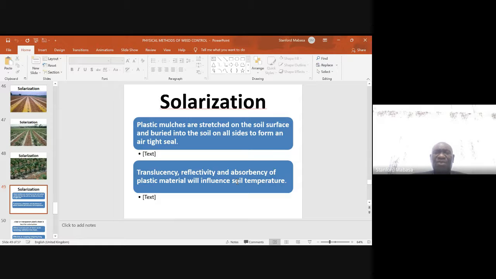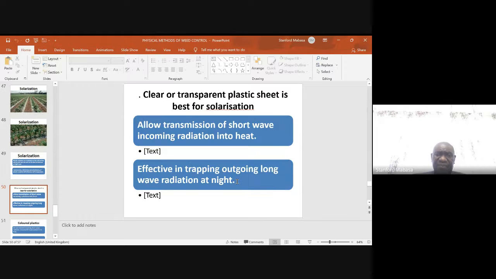The mulches will create heat, and this heat will kill the weeds by raising the temperatures. So the incoming radiation is trapped.